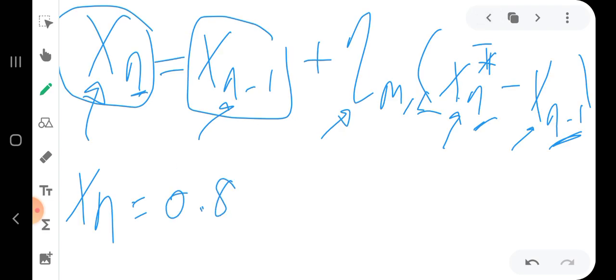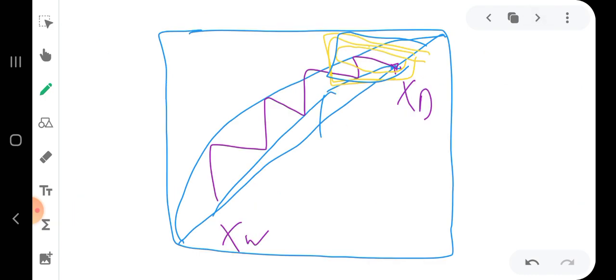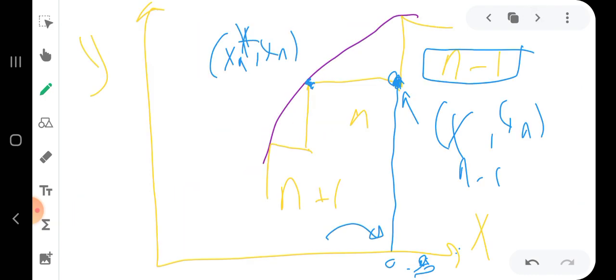0.8, plus, let's say it was determined that the Murphree liquid efficiency is 60%, so it becomes 0.6, multiplied by xn star. You see here, this point where you hit the equilibrium curve will be xn star. For example, we read it here and get 0.6.